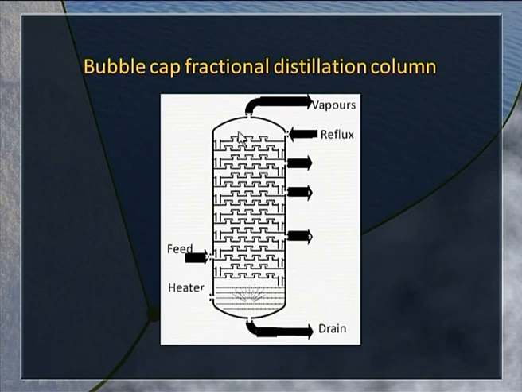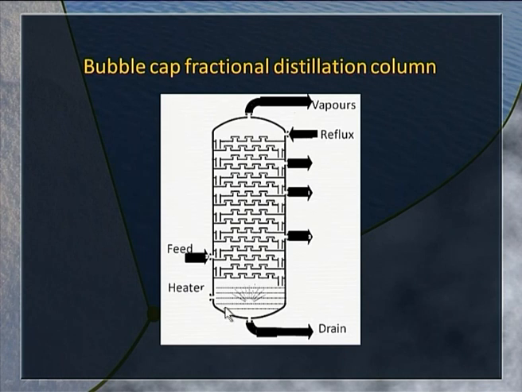So what you get is the vapors that rise try to vaporize the more volatile component from the liquid that trickles down, and the liquid on the other hand tries to condense the less volatile component and takes it down. Ultimately, the less volatile component starts collecting at the bottom, whereas the more volatile component rises to the top and can exit as vapors, which can be condensed as the distillate.